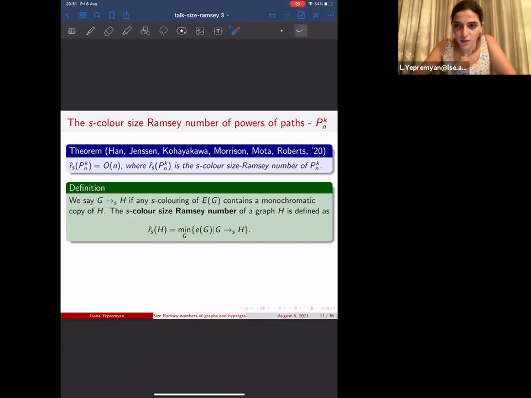So I haven't defined what is the s-color size Ramsey number, but you can probably guess it is the same as before, except now we are not looking at a two-edge coloring, but we are looking at edge colorings where we use as many colors as s. So the s-color size Ramsey number of a graph H is defined to be the minimum: you take all the graphs G and you color their edge set by s colors, and you want to find a monochromatic copy of H. And among all such graphs, I want to minimize the number of edges of G.